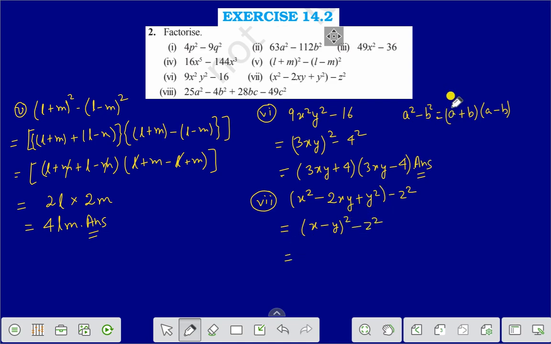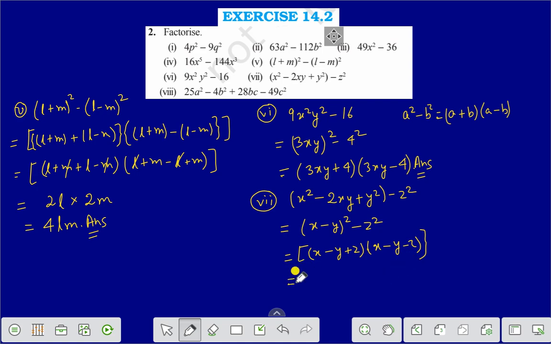Or it can be written using the identity a square minus b square as a plus b into a minus b, that is (x minus y plus z) into (x minus y minus z).